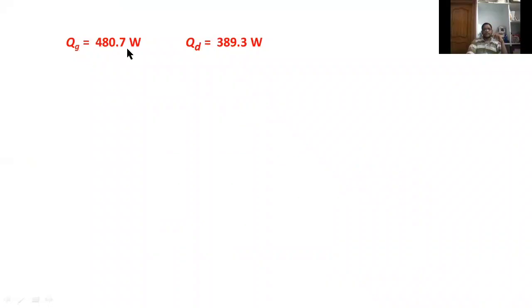Here the amount of heat generated equals 480.7 watts, and the amount of heat dissipated equals 389.3 watts. You can observe here the amount of heat generated is more than the amount of heat dissipated.